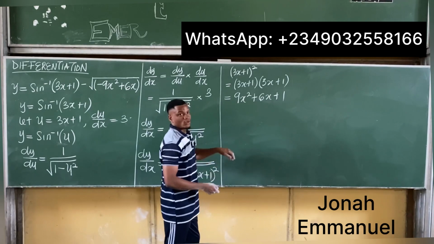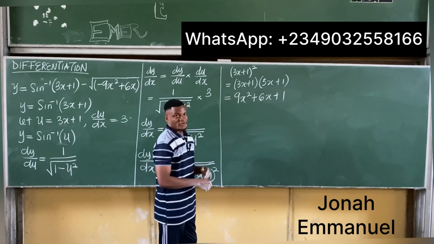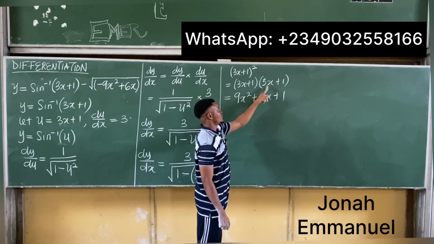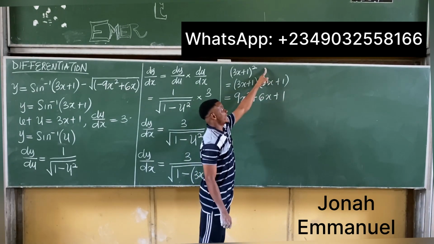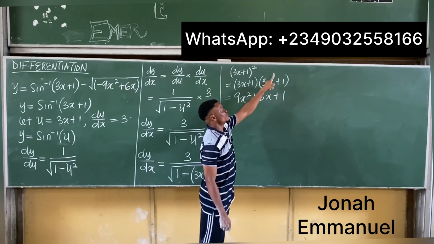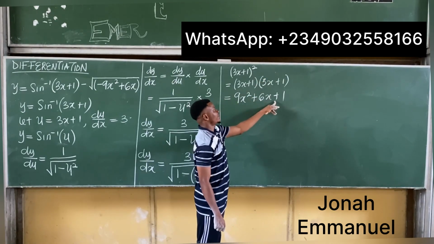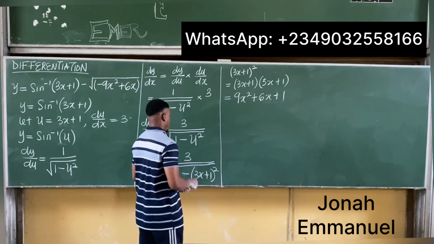If you're not sure of how we got this, simply use 3x to multiply 3x, which gives you 9x squared. 3x times 1 gives you 3x. 1 times 3x gives you 3x. So 3x plus 3x gives you 6x, plus finally 1 times 1 gives you 1. So I have this for an answer.